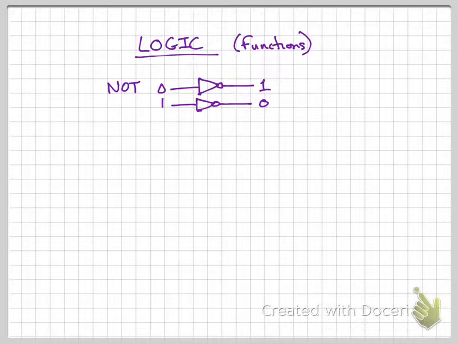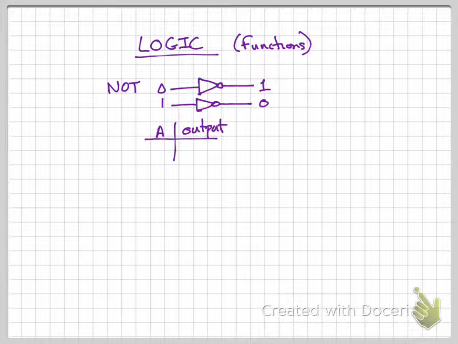So the NOT gate has an image that looks like the triangle with the circle on the end, and it's got an input and an output. We're going to just call the input A, that's just going to be what's in the input, and then we've got an output. So we draw these, they're called truth tables.